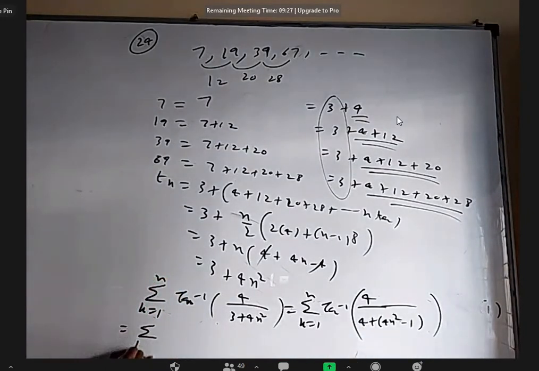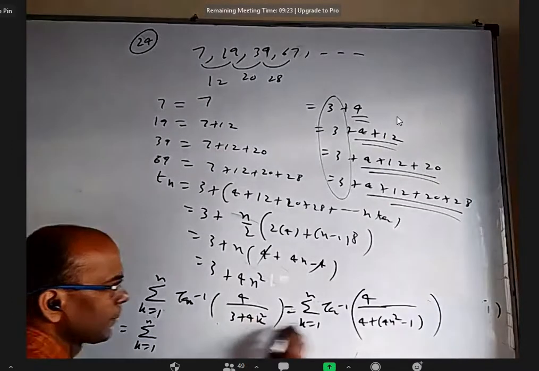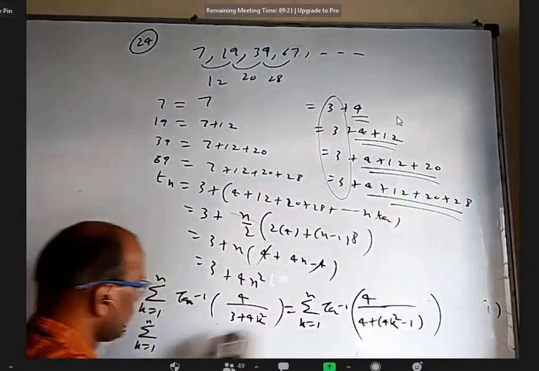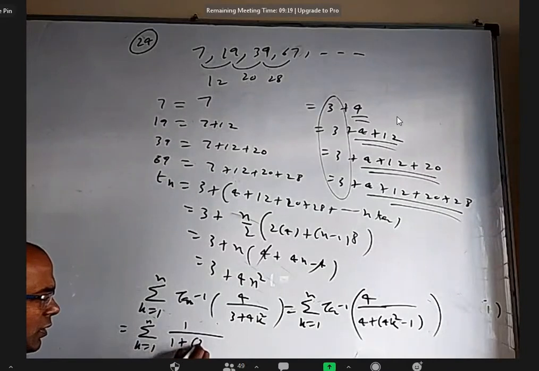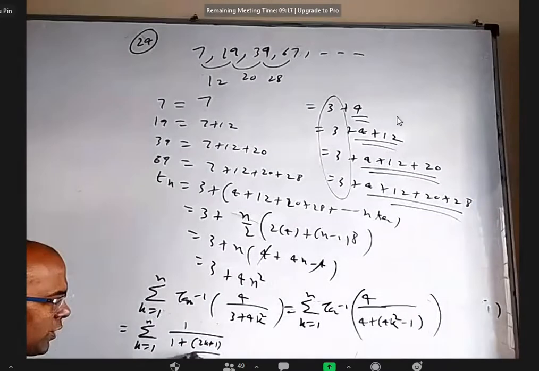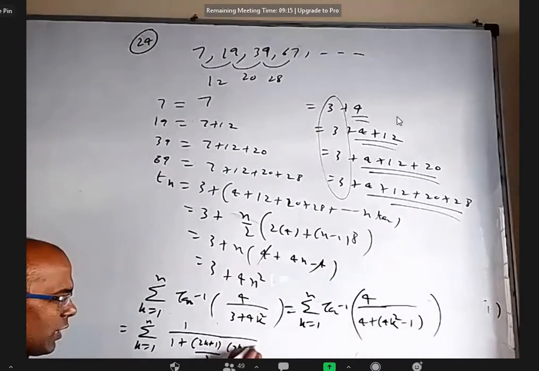So it is sigma k equal to 1 to n, 4k square anyway, 1 by 1 plus, I'll write (2k plus 1 by 2) and (2k minus 1 by 2).